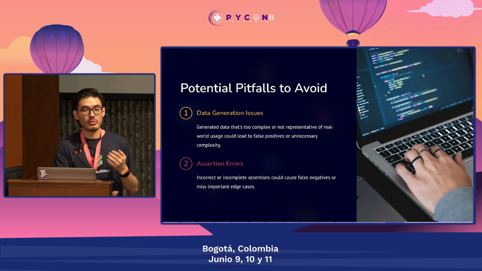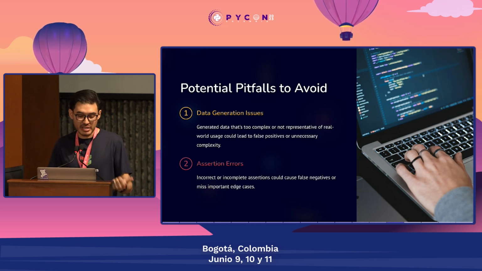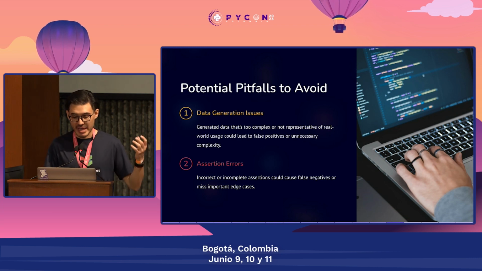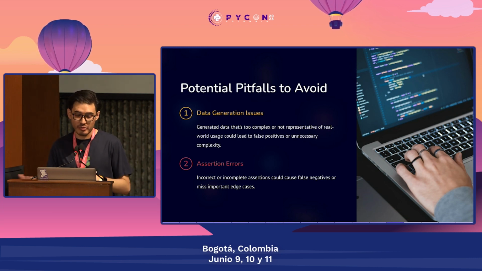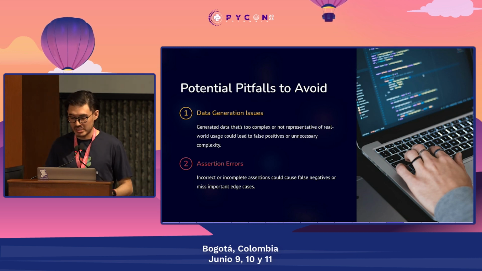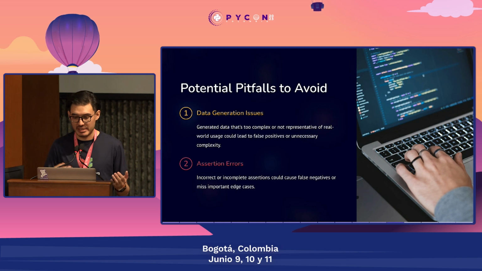Some potential pitfalls that we can have with this type of testing. So, data generation issues. In our example, we just have a basic scenario of the input that we have and the output that we're expecting. So let's say I have tried to do this type of testing with more complicated scenarios like, I don't know, validating JSON schemas and stuff like that.